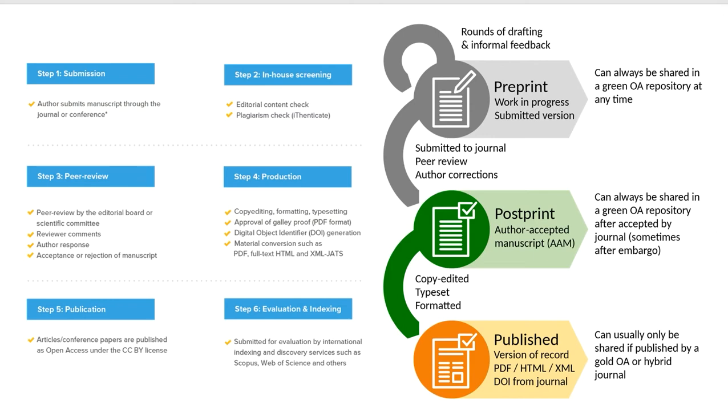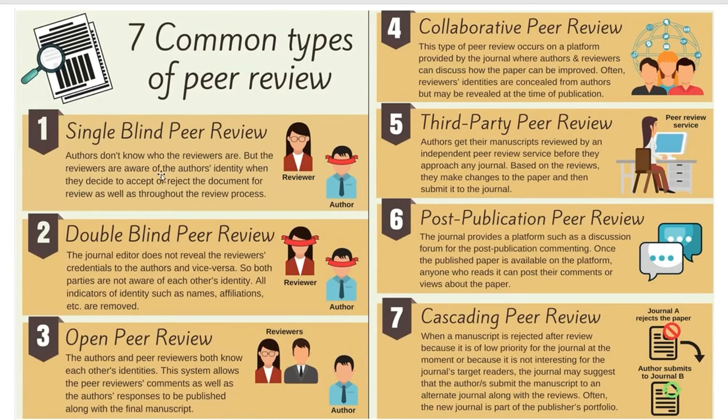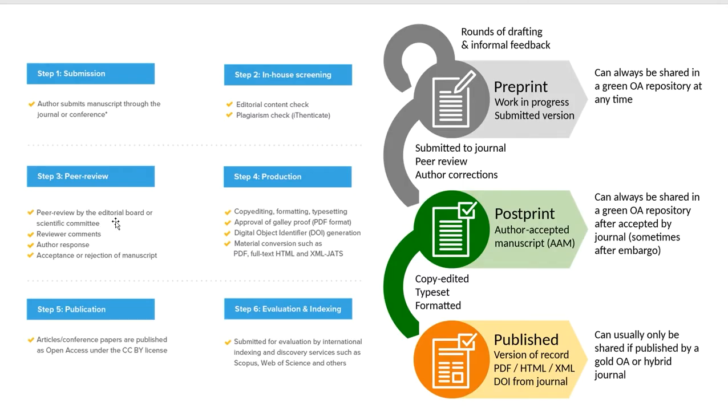Peer review is generally categorized into 7 types: single blinded, double blinded, open, collaborative, third party, post publication, and cascading peer review.